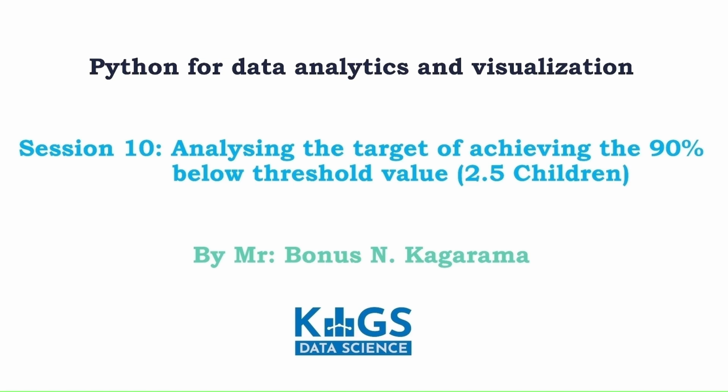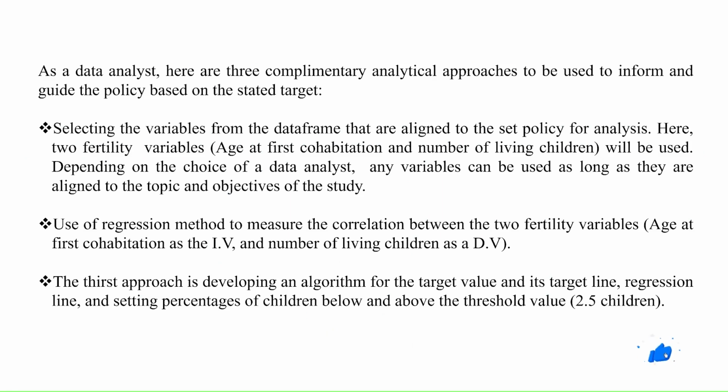Now, you as a data analyst, which analytical approach can you derive from this target to inform the policy? As a data analyst, here are 3 complementary analytical approaches to be used to inform and guide the policy based on the stated target. The first approach is selecting the variables from the data frame that are aligned to the set policy for analysis. 2 fertility variables will be used.